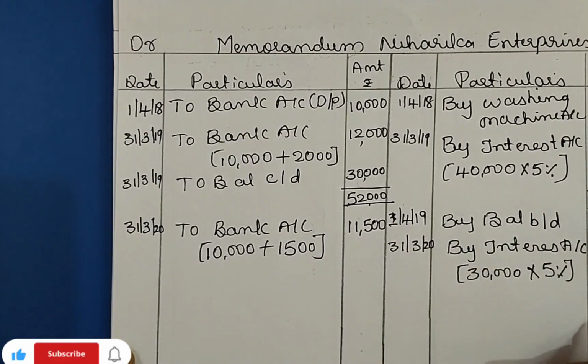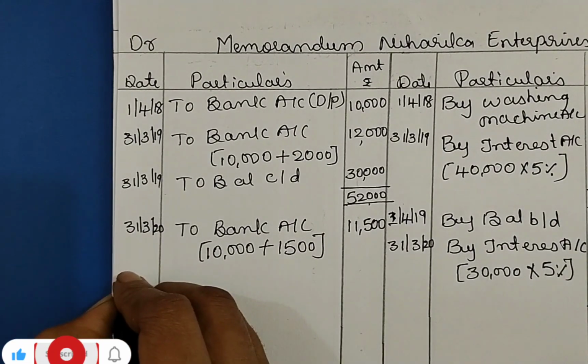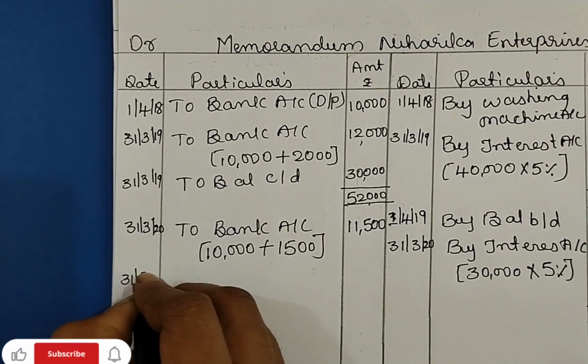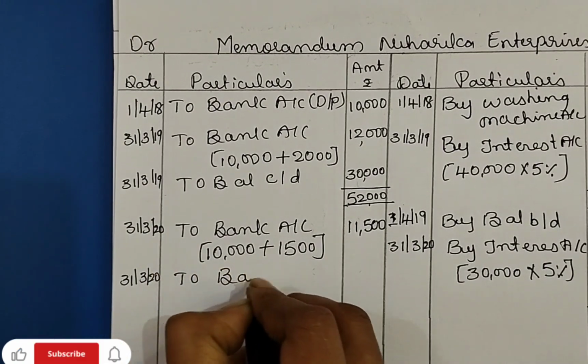Right. What is the total? The total is 31,500. Here balance is on 31st March 2020 to balance carry down.